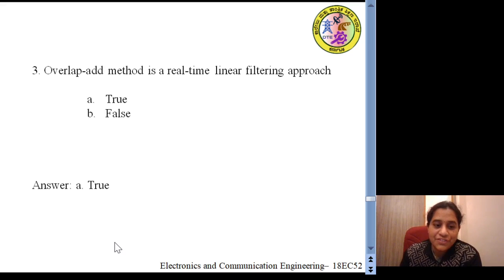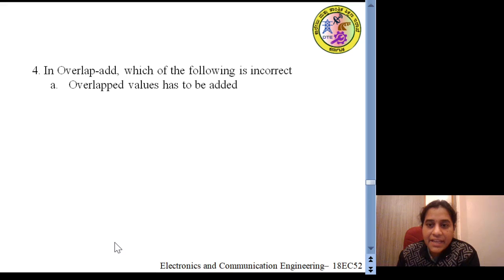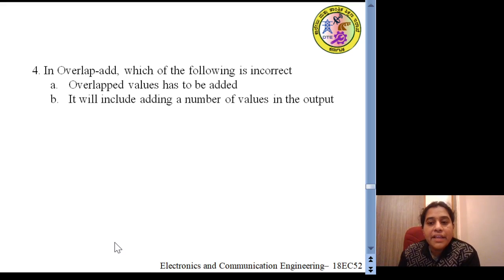Last question of this session. In overlap add, which of the following is incorrect? Let us check the options. Option A, overlapped values have to be added. Next option, it will include adding a number of values in the output.